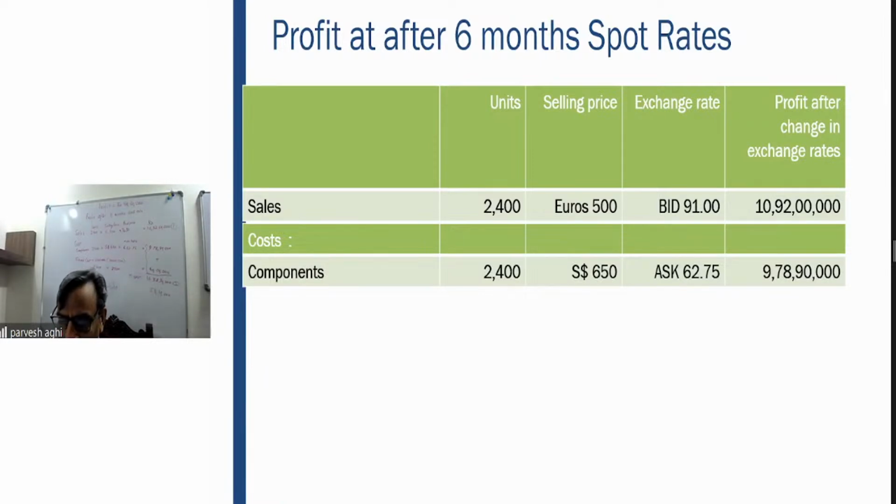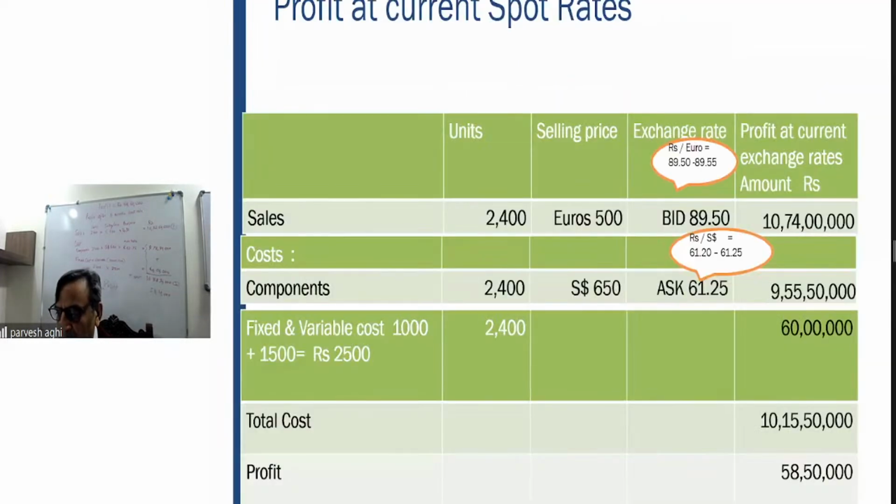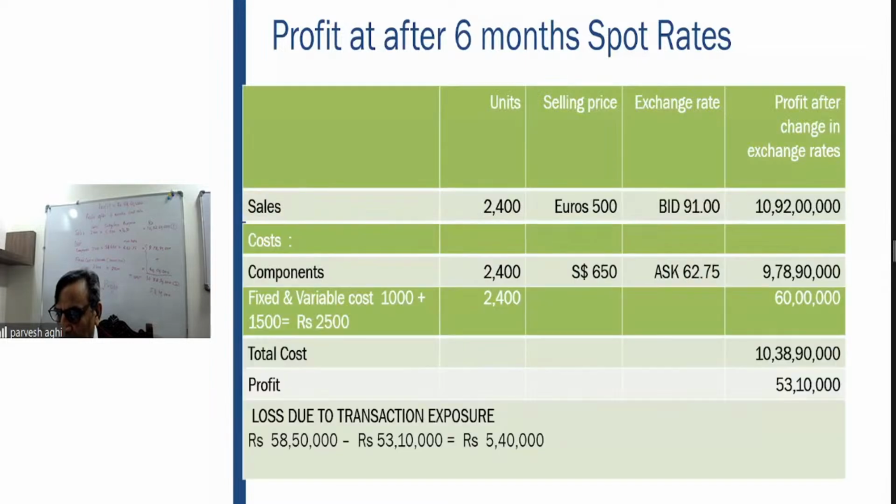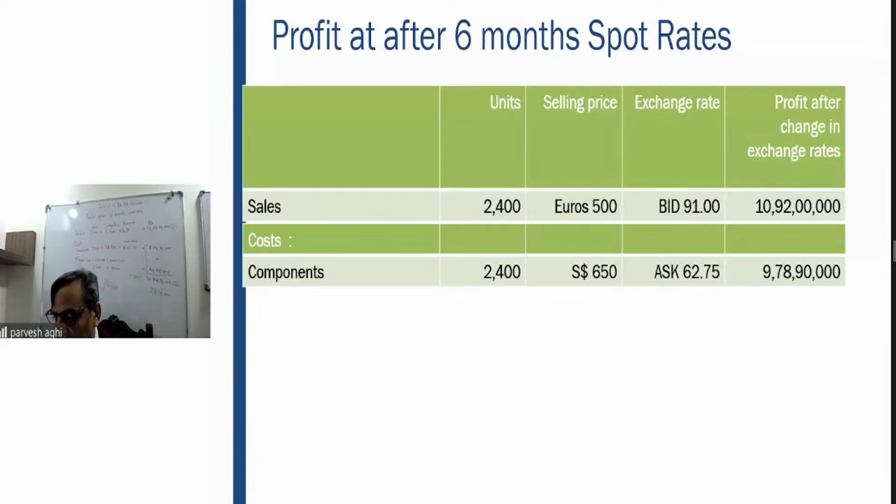But with respect to cost, which is the cost of component, because he's importing some components from Singapore, the rate of Singapore dollar now is 62.75. Earlier, it was 61.25. So this is going to have an adverse impact on his business because he's going to pay more money.